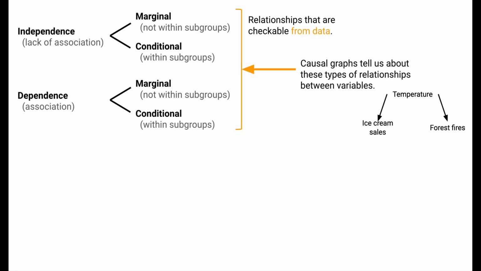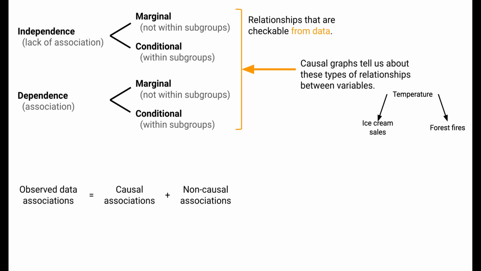In other words, causal graphs will be able to tell us how variables are associated, and the probability ideas discussed here give us the language for describing different types of association or lack of association, namely marginal and conditional association and lack of association. This will help us in two ways.